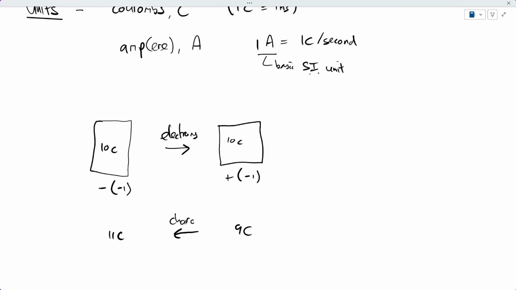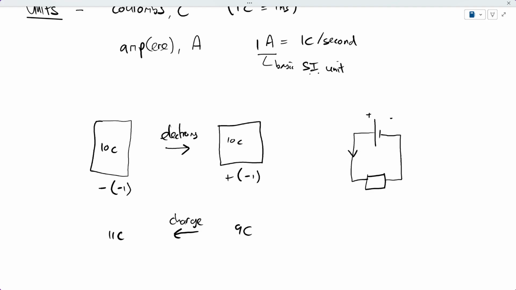So electrons moving in a given direction represent a charge moving in the opposite direction, therefore represent a current in the opposite direction. So when we draw a really basic circuit here, I've got my cell with the positive side and the negative side.